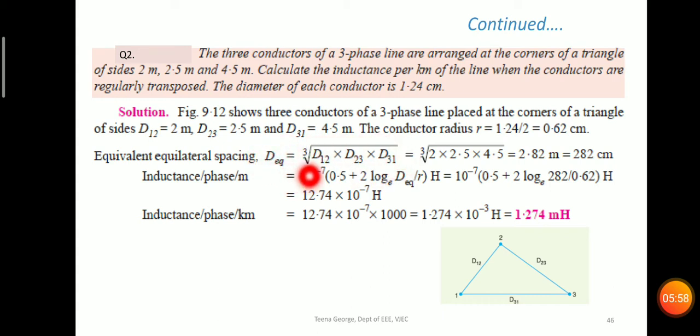D equivalent equal to cube root of D12 into D23 into D31, that is cube root of 2 into 2.5 into 4.5, that is 2.82 meter, as all the distances are different. In the equation we substitute D equivalent and r. Then we will get the inductance as 1.74 into 10 raised to minus 7 Henry, and inductance per kilometer is 1.274 millihenry.